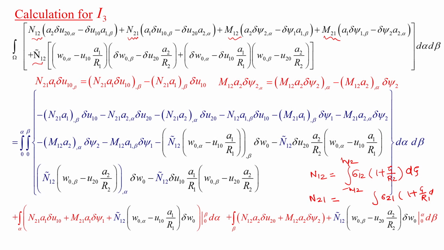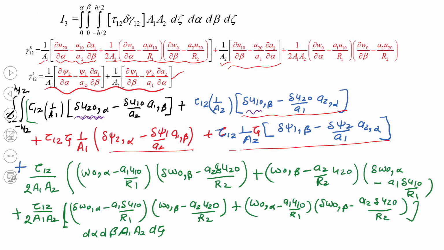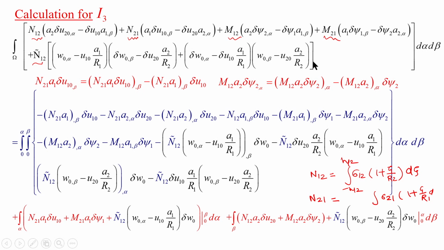In this, if I go back to this combination A1, A2, they will get cancelled out. So, ultimately we have a new definition of N tilde 12, where N tilde 12 is nothing but sigma 12 d zeta.